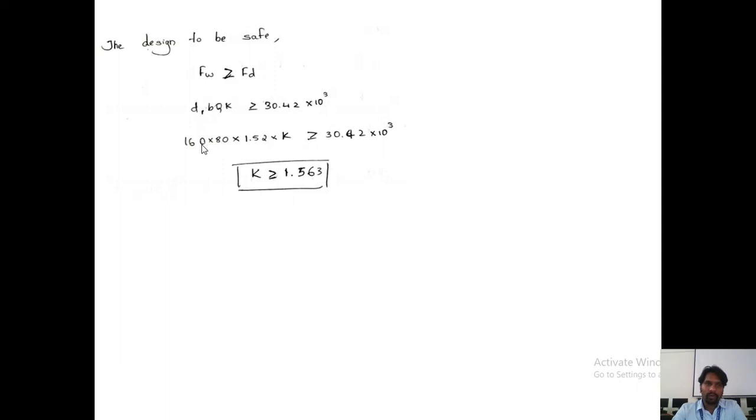D1 is known, we can't change the diameter, we can't change the width B, and Q is also fixed based on Z1 and Z2. So in order to make the design safe, we need to calculate K. Taking this into the denominator, we get K is greater than or equal to 1.563.